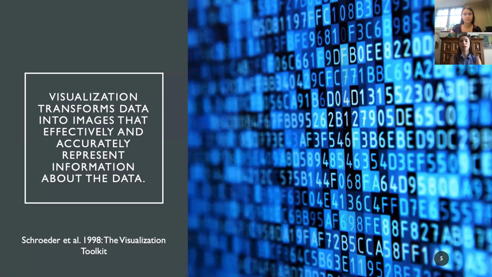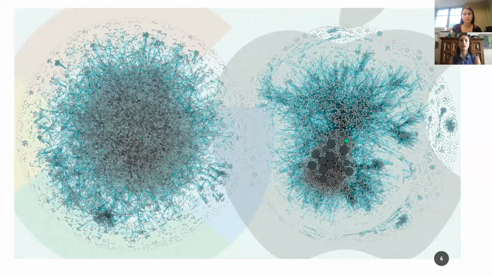Schroeder et al. write that visualization transforms data into images that effectively and accurately represent information about the data. So visualizing data is a way that people can literally see and understand what is going on. If you fast forward to today, data visualization is all around us.